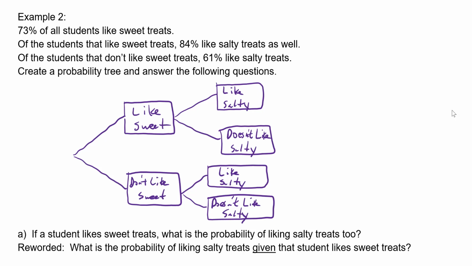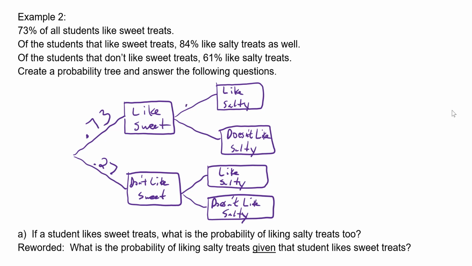So now it says 73% of all students like sweet treats. So this is 0.73. And that means you're going to do 1 minus that because you either like sweet treats or you don't. So 1 minus 0.73 is going to be 0.27. Okay? And then it says of the students that like sweet treats, so we're on the top one, 84% like salty treats.